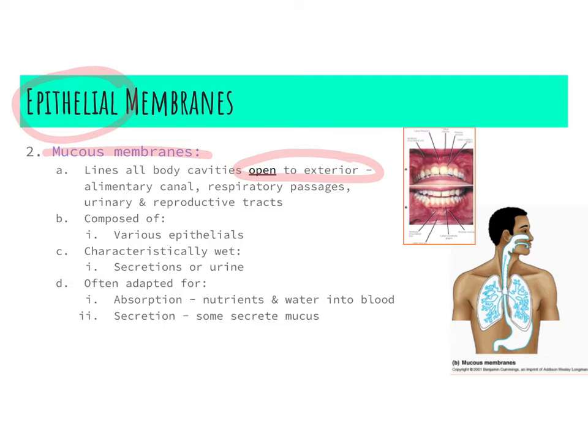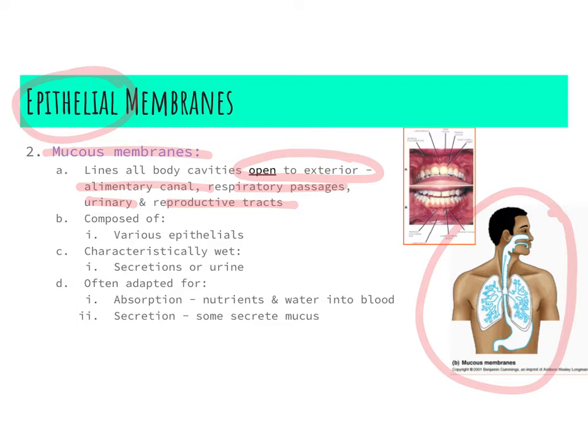Cavities that are open to the exterior in your body are your alimentary canal, which is your digestive tract, your respiratory passages, your urinary and reproductive tract. So you can see in the image over here, all of those cavities are lined in blue there. So those would all be lined with mucous membranes.